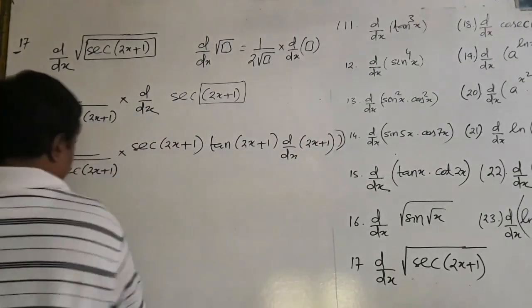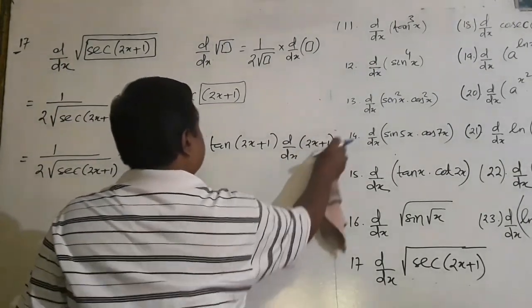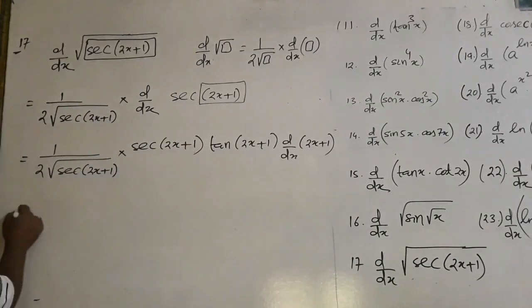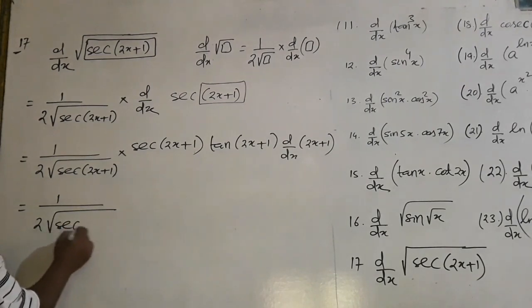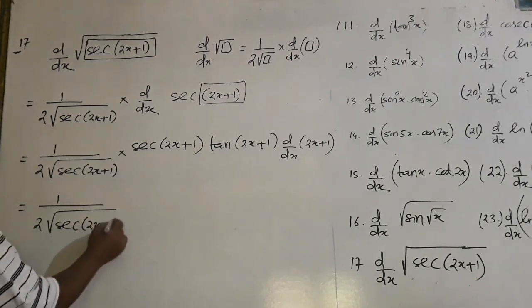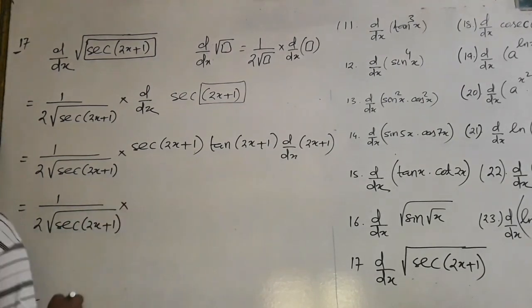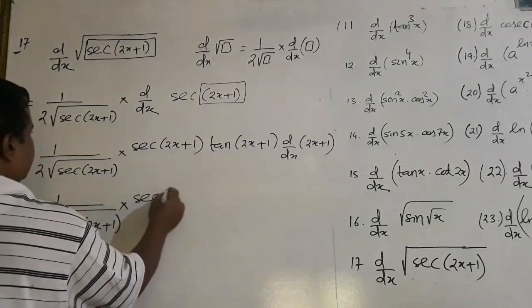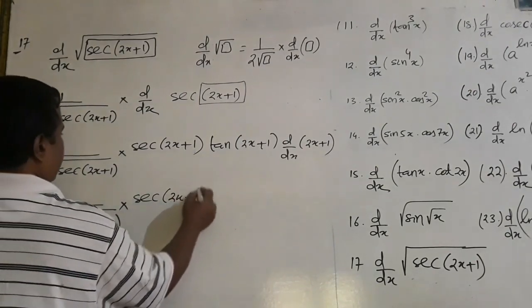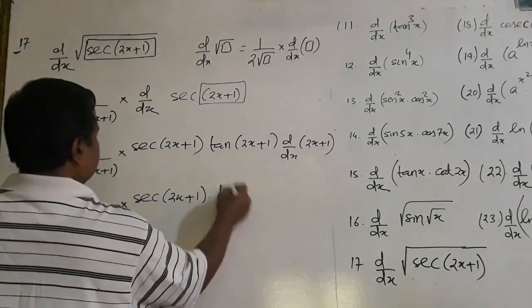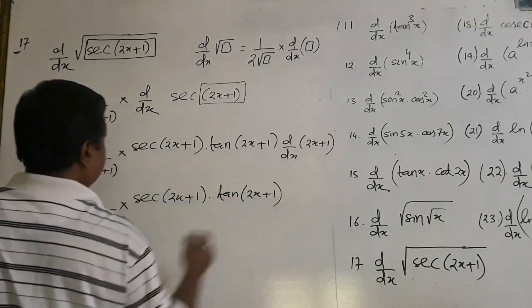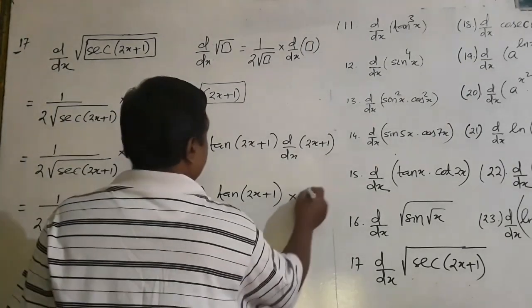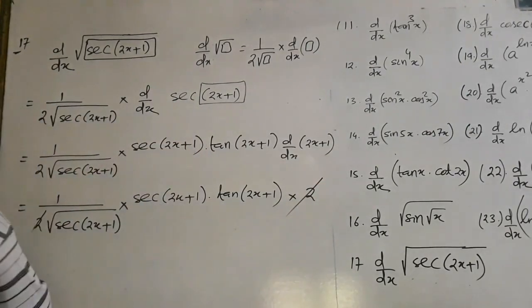The answer will be 1 by 2 root over of sec 2x plus 1 into sec 2x plus 1 into tan 2x plus 1 into 2. 2 cancel.